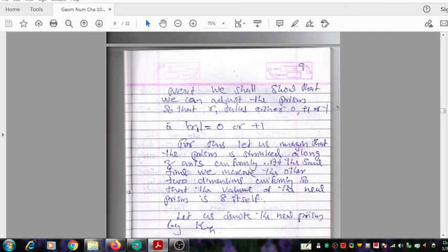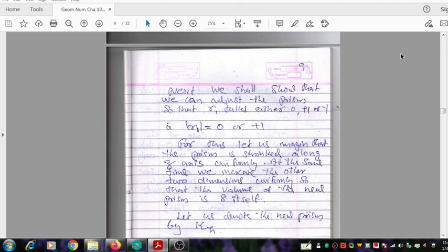We can adjust the prism means we can adjust the sides of the prism without changing the volume.